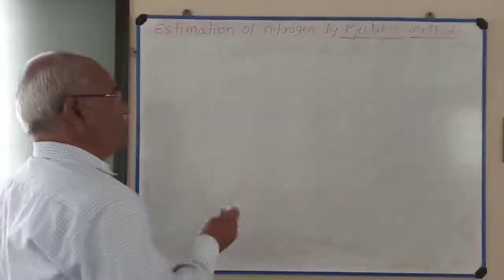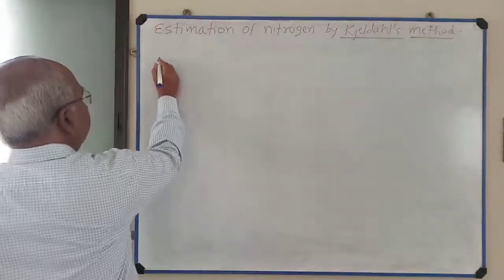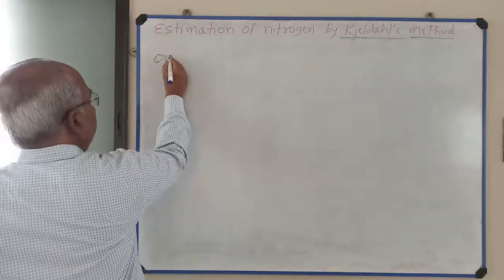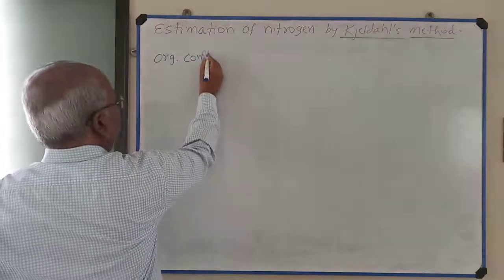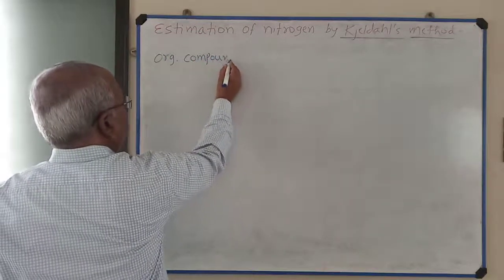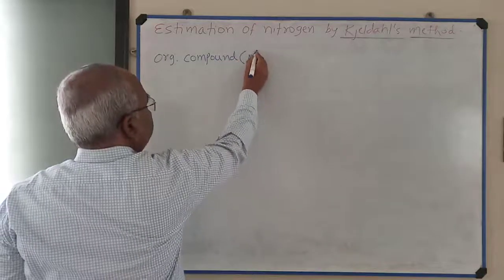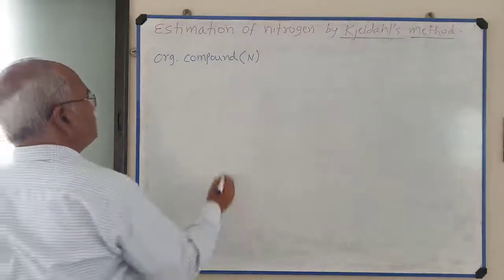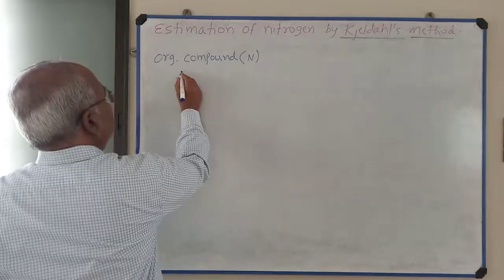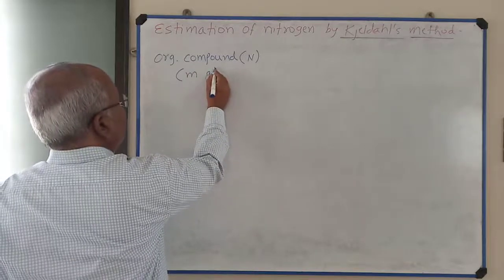So first I write here organic compound containing nitrogen. Suppose the mass of the compound is m gram.